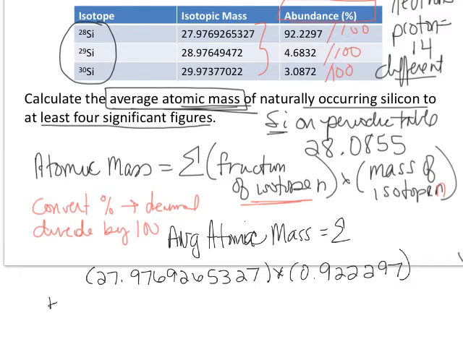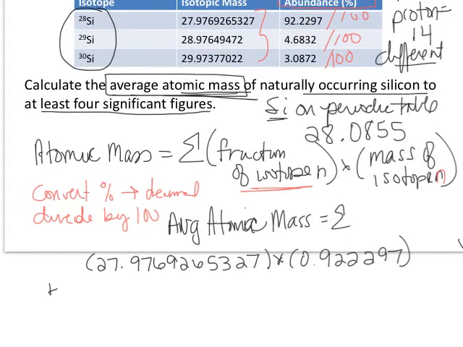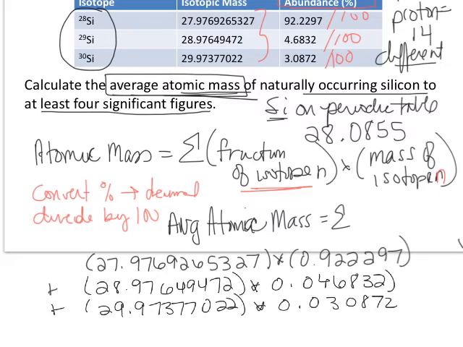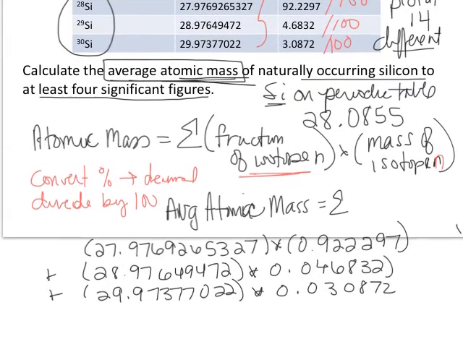Multiply that out, plus 28.97649472 times the percent abundance divided by 100, 0.046832, plus the last one, 29.973777022 times the percent abundance divided by 100, 0.030872.